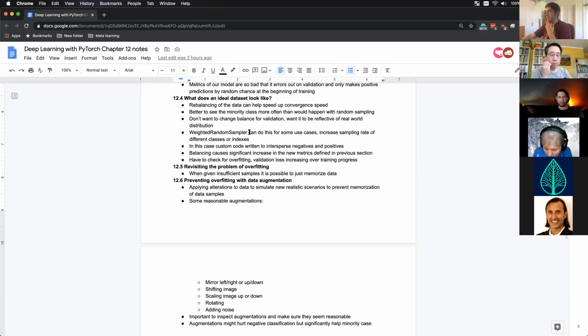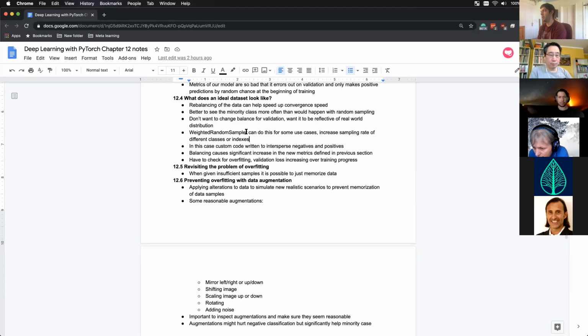So in the chapter, they're showing that you can use the weighted random sampler, and this is a really good function within PyTorch. The data loader can take a sampler, and there are several different pre-built samplers that you can plug in there. And the weighted random one, I tried using it on the lift competition, and I ended up not being able to use it for that.